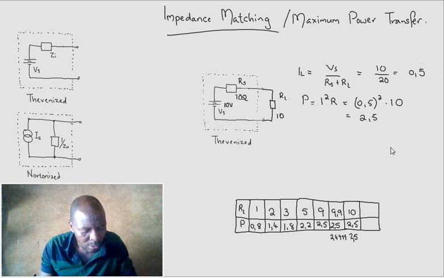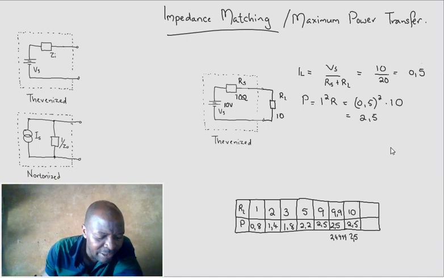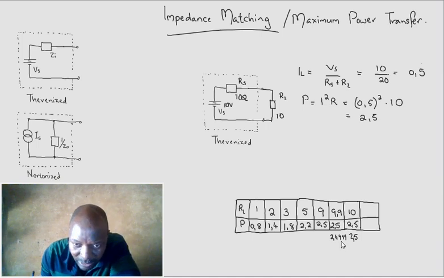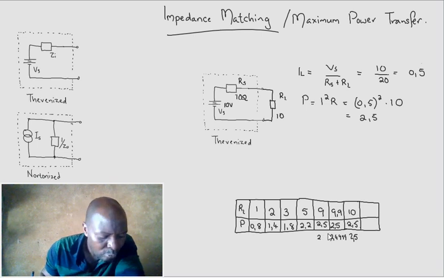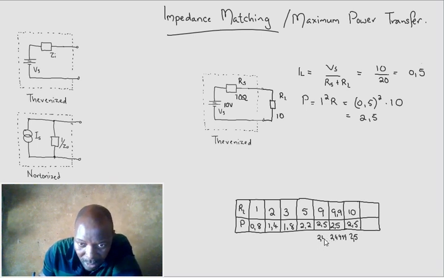It gave us 2.493. So you can see this is 2.493, 2.499. This is 2.5 straight. So there's been an increase.